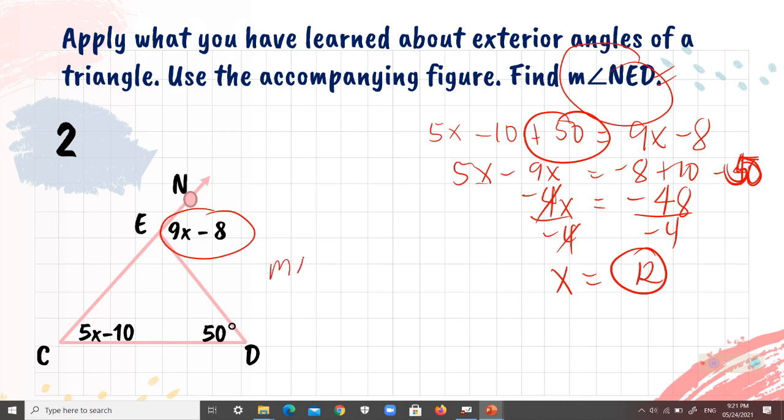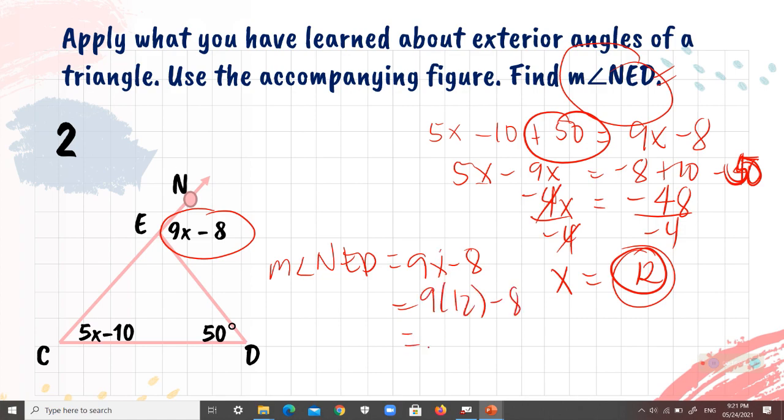So the measure of angle NED is equal to 9x minus 8. So we are going to substitute 12 in place of x. So you will have 9 times 12 minus 8. So 9 times 12 is 108 minus 8. So therefore, we have here 100 degrees as the measure of angle NED.